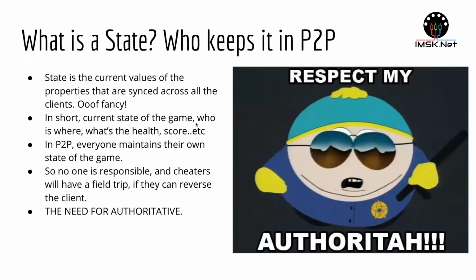So now moving to the big question, what is a state? A state, to be honest, is a bunch of values saying who's where and what health they are in and whatever properties that you actually set. And this is mutable. When I say mutable, that means it's subject to change at any point. So the problem that we have right now is that in a P2P network, like Photon, everybody maintains their own state of the game.